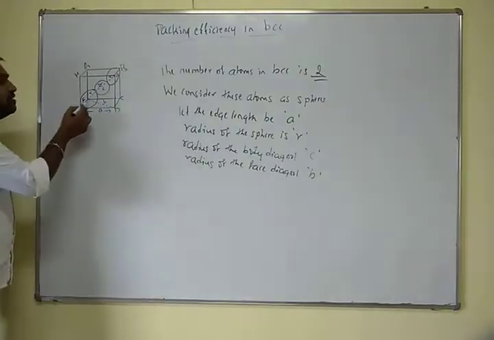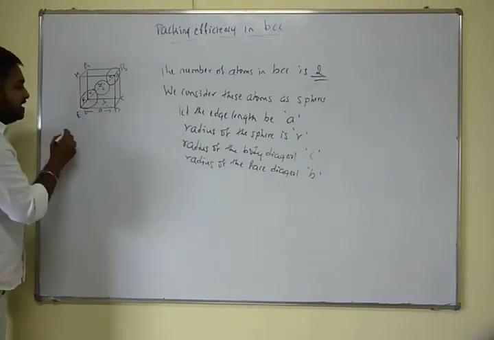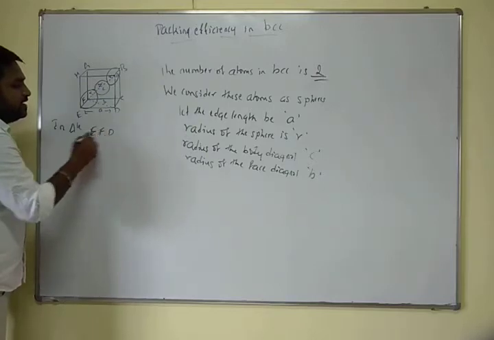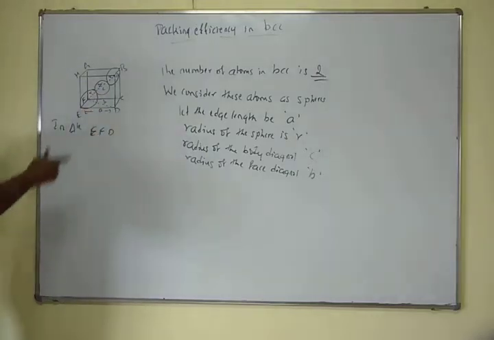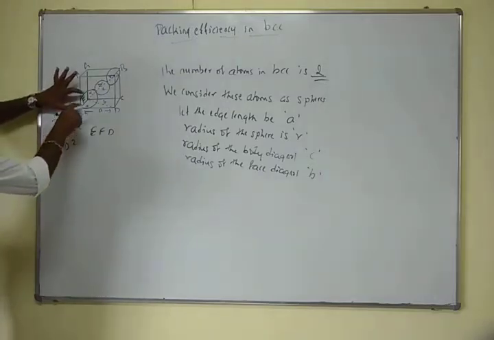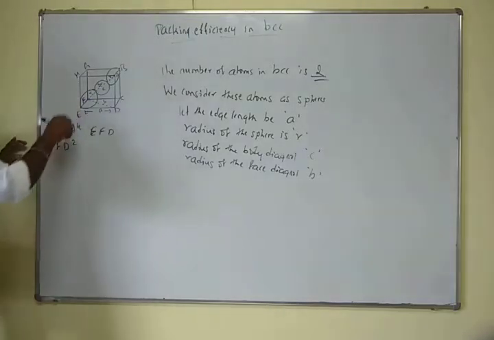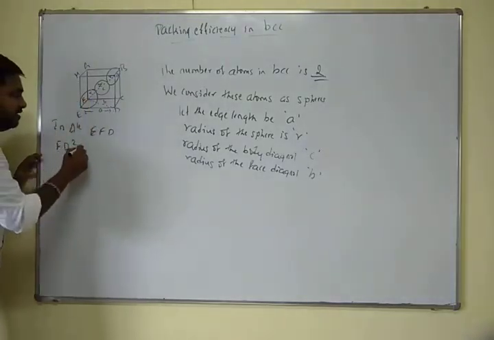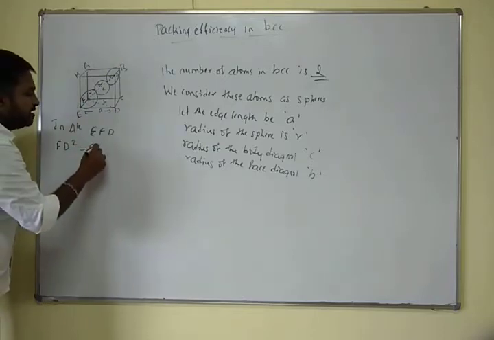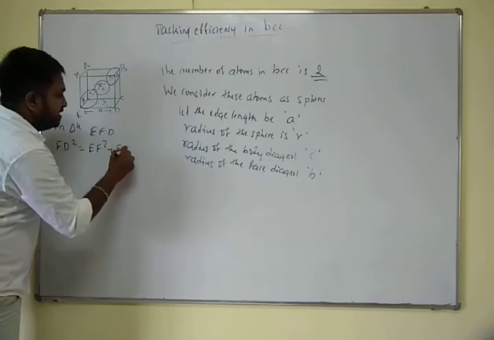Clear? So we focus on this triangle EFD. In triangle EFD, according to Pythagoras theorem, FD square, when you observe this, we are focusing on only this side, EFD. This is a right angle triangle. So in triangle EFD, FD square will be equal to EF square plus ED square.